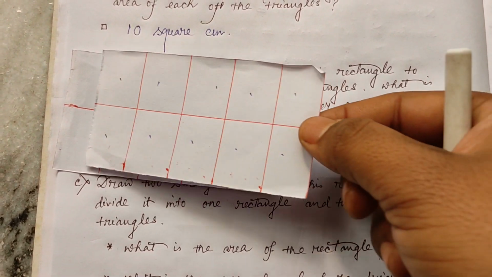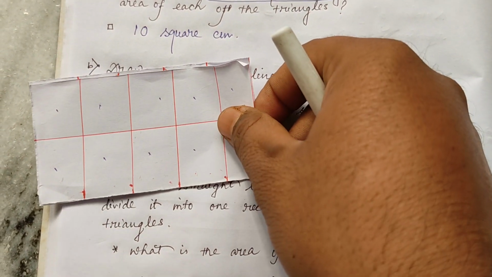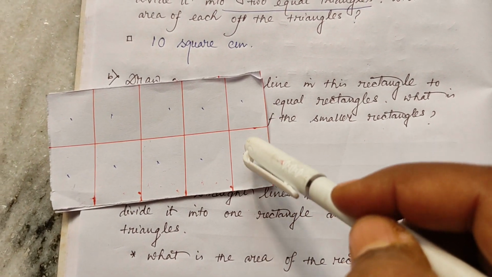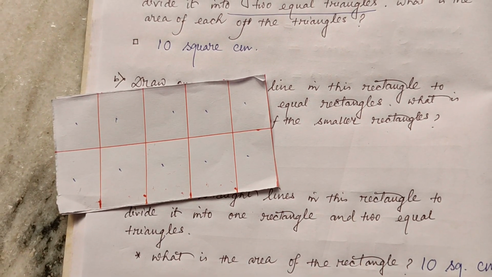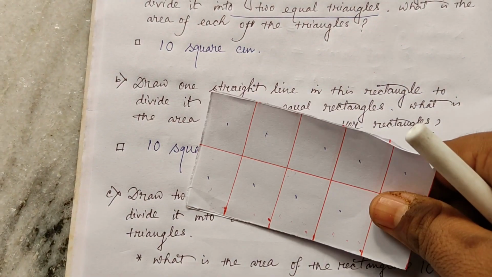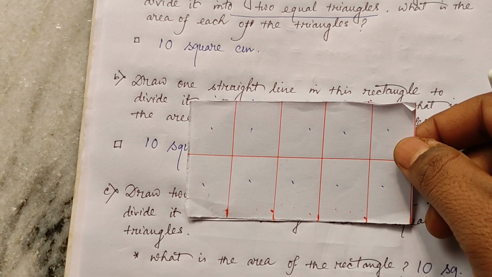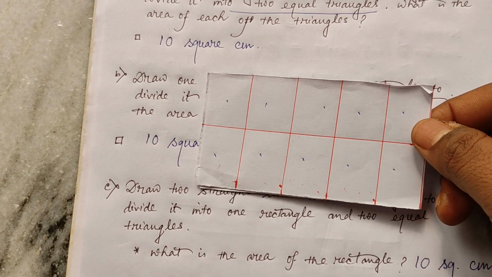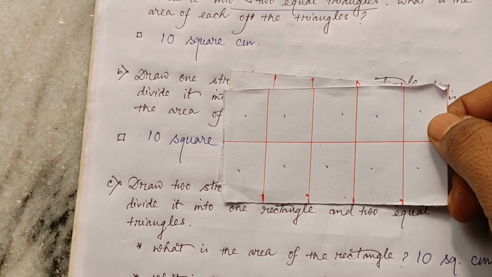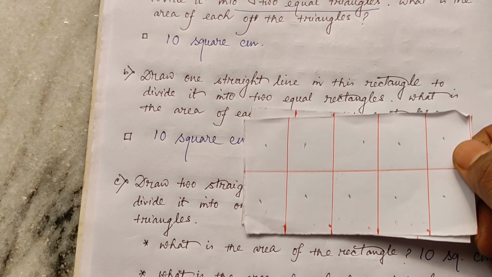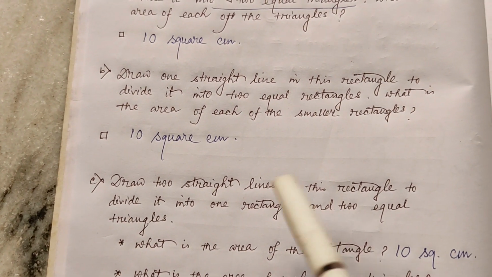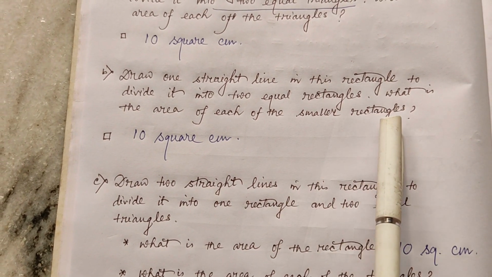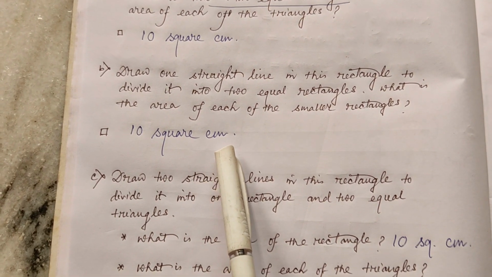So each part will have the area of 1, 2, 3, 4, 5, 6, 7, 8, 9, 10. 10 square centimeter. So if I divide a rectangle of area 20 square centimeter into two equal parts, each part will have an area of 10 square centimeter. What is the area of each of the smaller rectangles? 10 square centimeter.